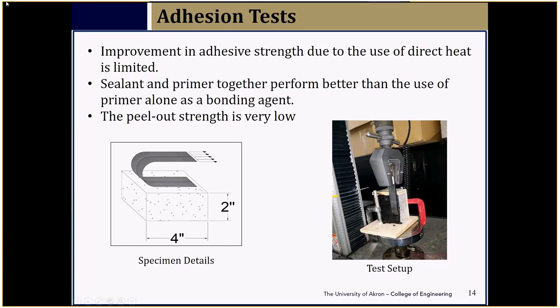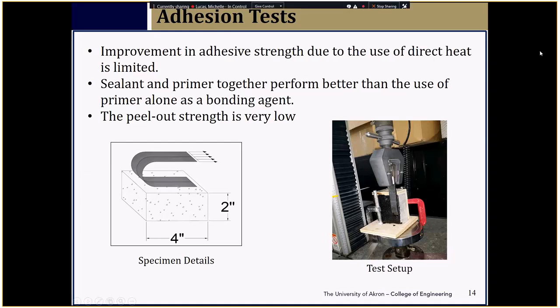The next set of tests was bond test, adhesion test. So we came up with a simple loading mechanism and made some test specimens. Even though the tests are very, very simple, what we found from here is the peel out strength of these membranes is very, very small.